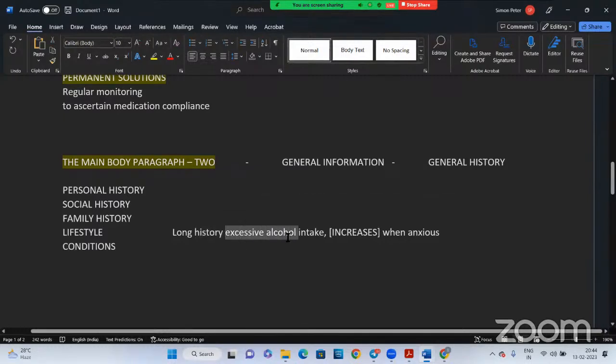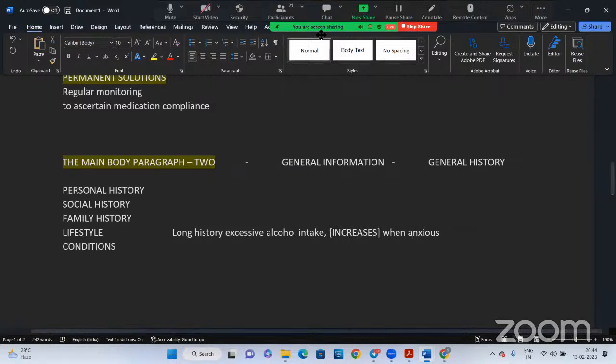Normally excessive alcohol intake, and it also increases uncontrollably when she's anxious. Normally only excessive, and this is beyond excessive. So try to understand the points here.